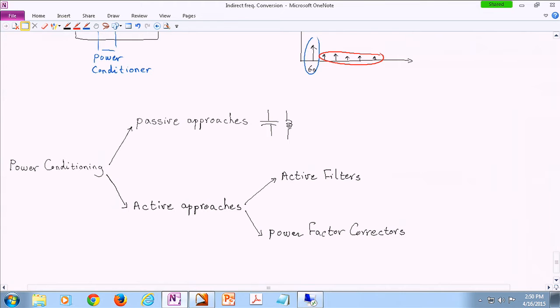Okay, and I'm going to explain what an active filter is. But before that, active filters are divided into three subcategories: they are shunt, or they are series active filters, and maybe a combination of both, which is called shunt series.